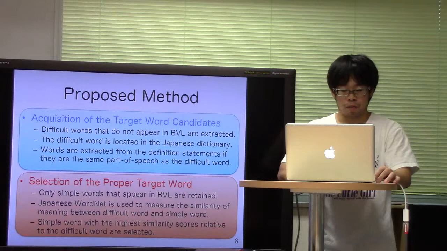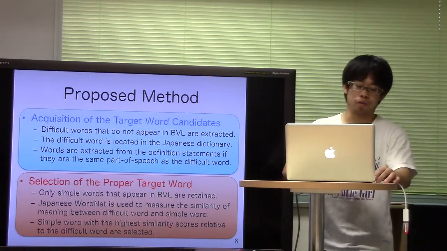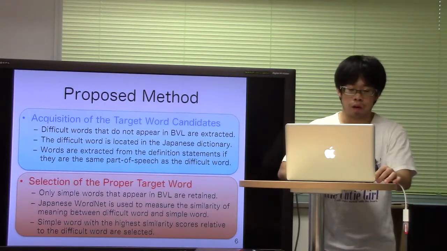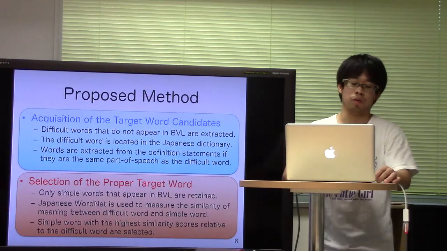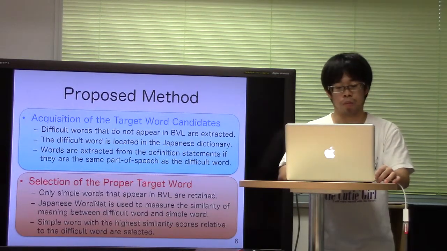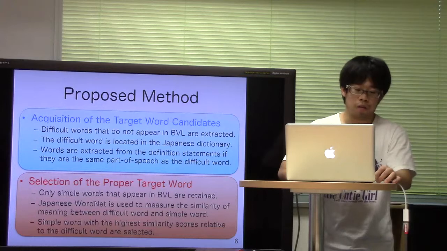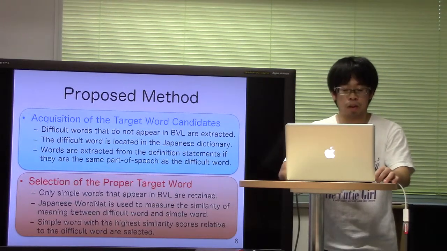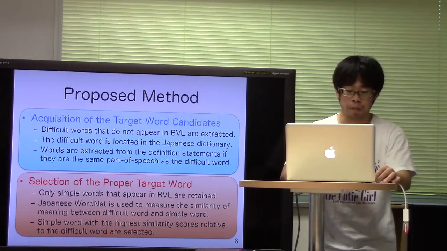In our proposed method, difficult words are extracted from the input. Difficult words are content words that do not appear in basic vocabulary to learn. The difficult word is looked up in the Japanese dictionary.